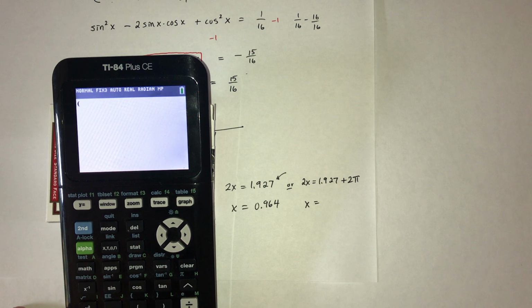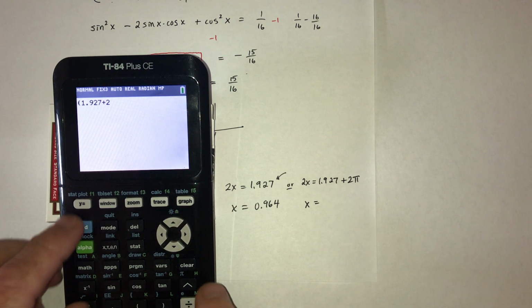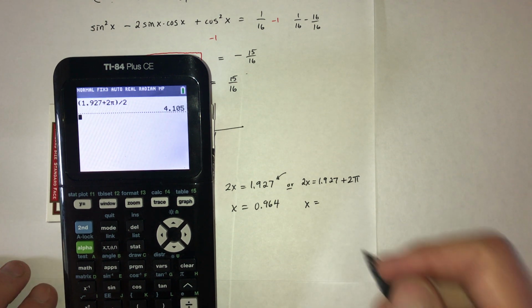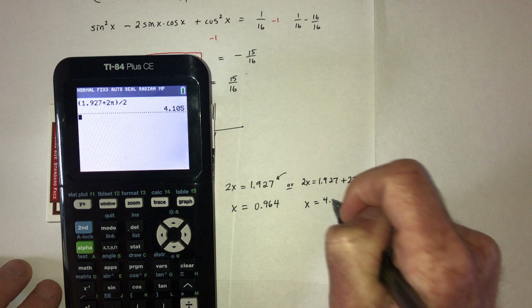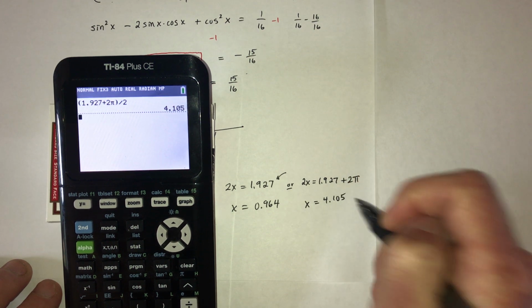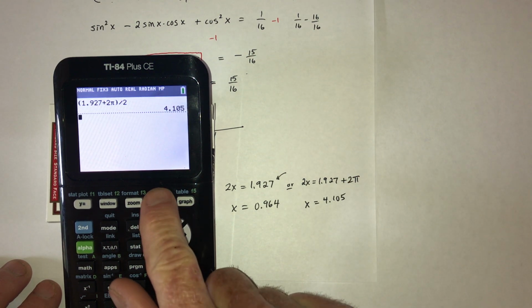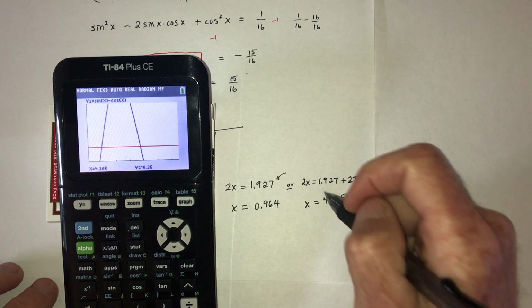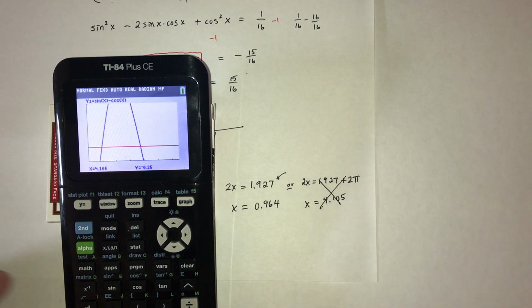So I've got a 1.927 plus a 2 pi, and then divide that by 2. So 4.105. And then of course go back and verify 4.105. That's where it's equal to a -1/4. So this one didn't work.